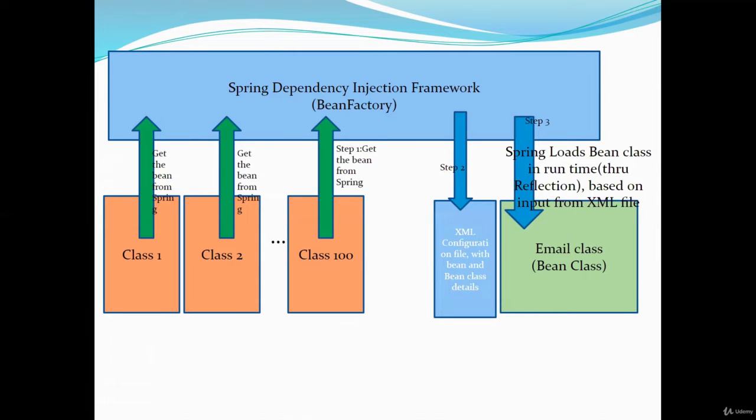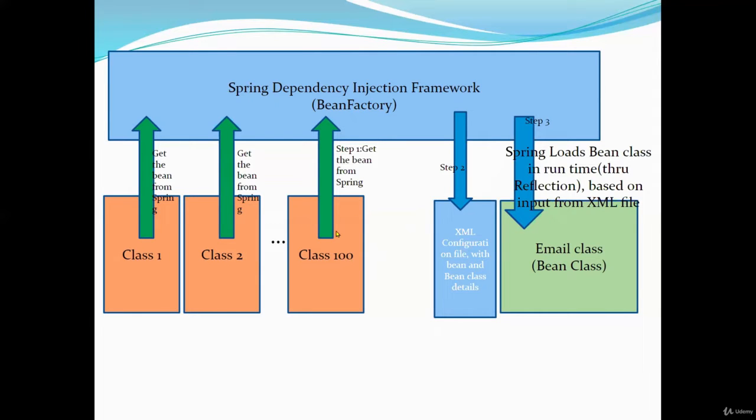Let us see how we depend on the Spring Framework to create the instance of Email instead of us creating it. As we see in this diagram, Class 1 to Class 100 do not directly create the object of the Email class.